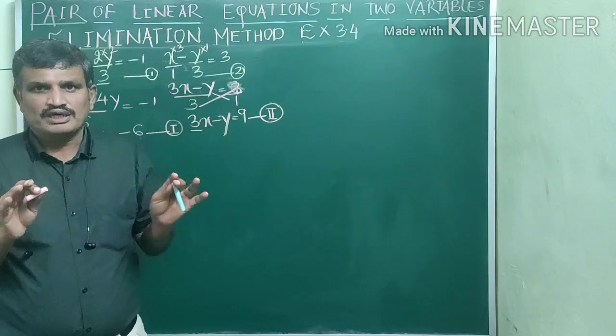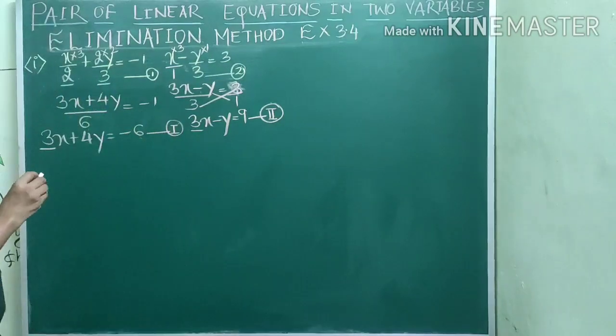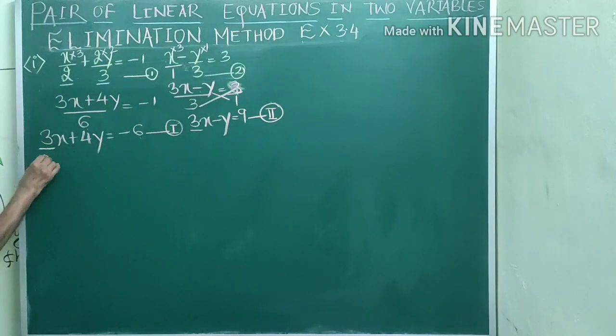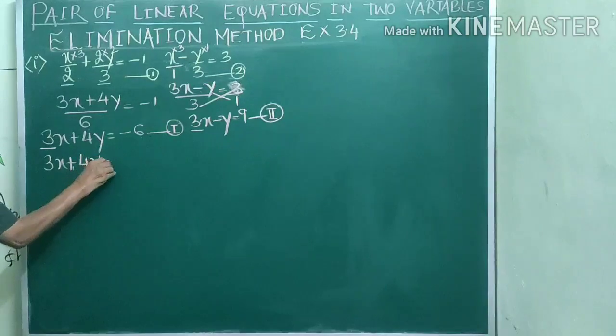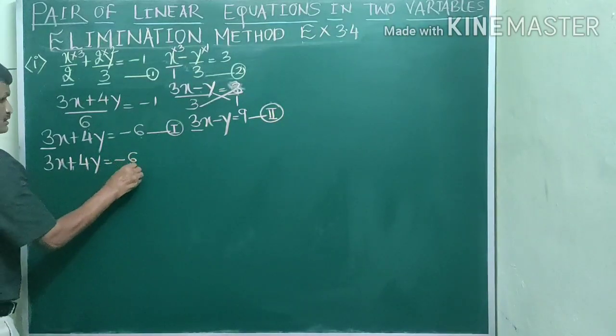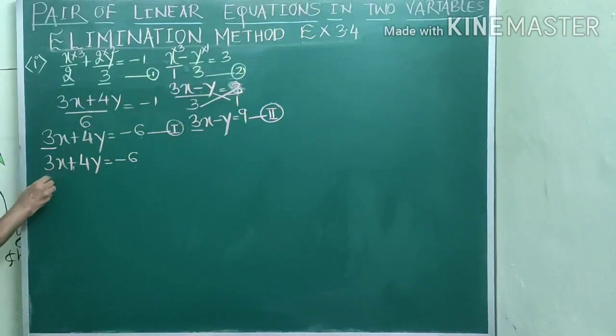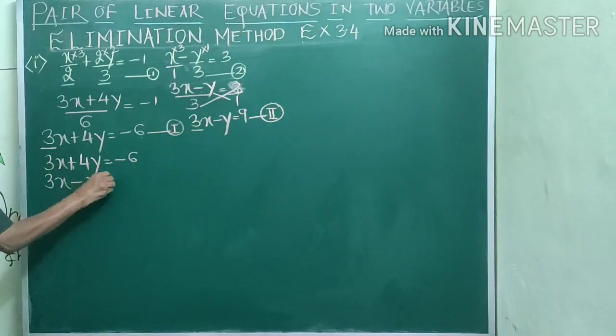I need not multiply anything. So I will write 3x plus 4y is equal to minus 6. This second equation is 3x minus y is equal to 9.